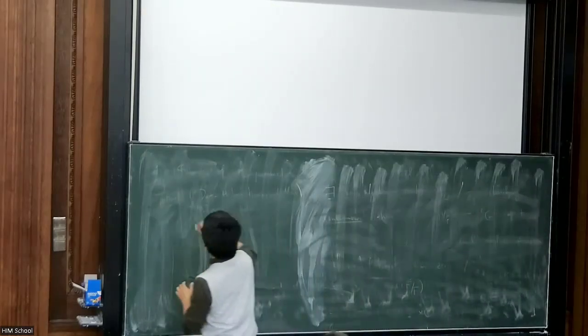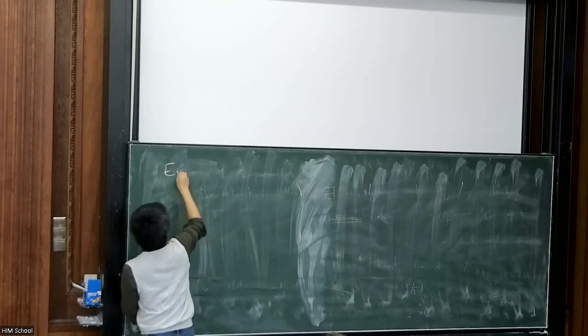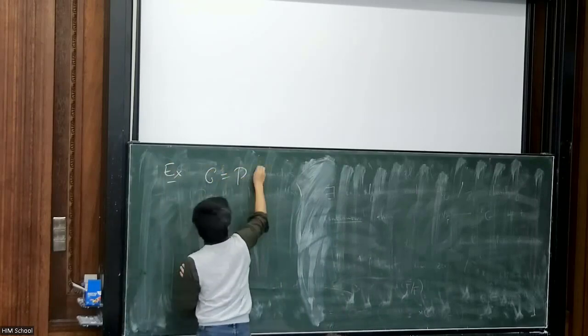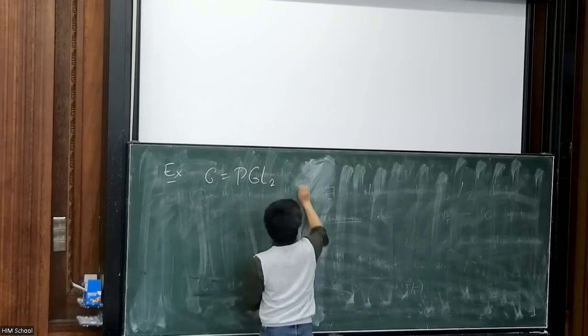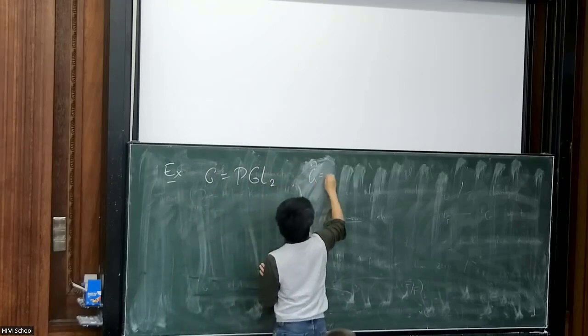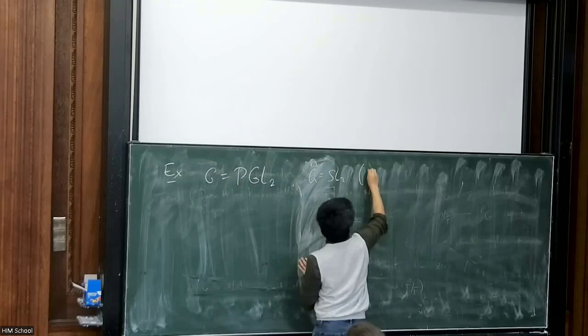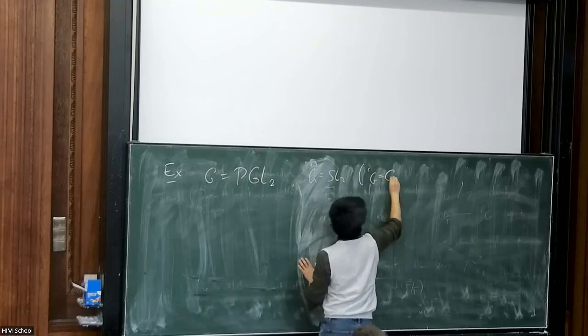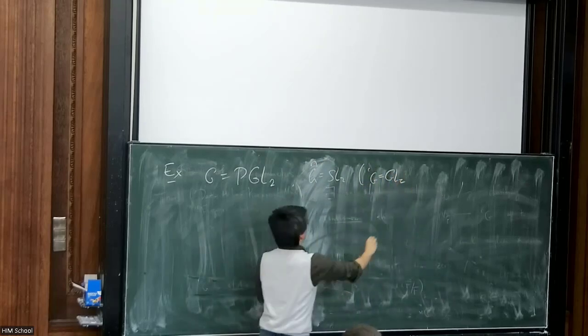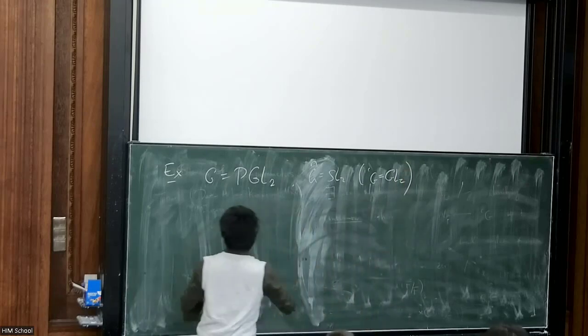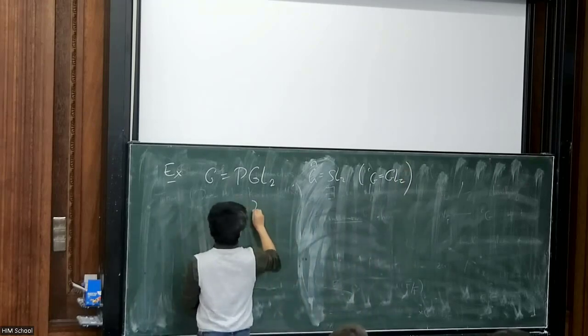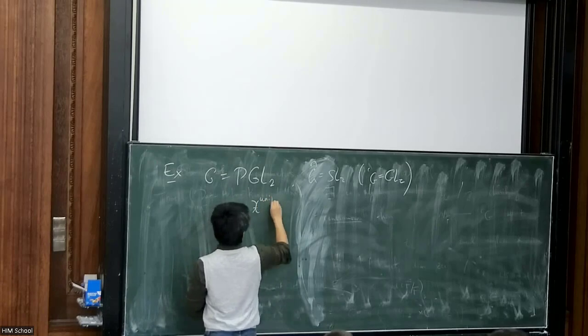A particular example, the simplest example, is G is PGL2. So G hat is SL2, and in fact in this case you can also know the C group is basically GL2. In this case, I'll just draw this unipotent part.